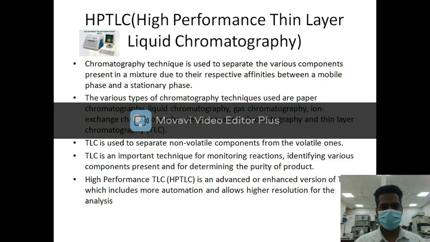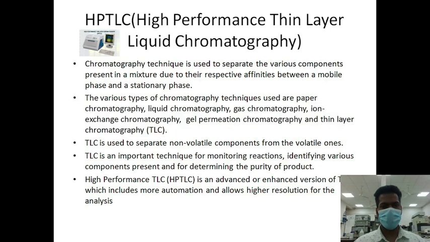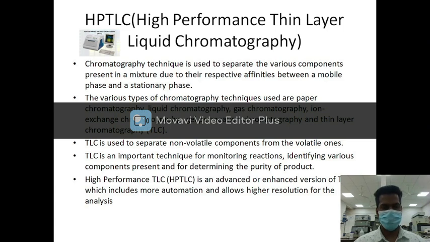Various types of chromatography techniques are used. They are paper chromatography, liquid chromatography, gas chromatography, ion exchange chromatography, gel permeation chromatography, and thin layer chromatography. Thin layer chromatography is mainly used to separate non-volatile components from a volatile one.